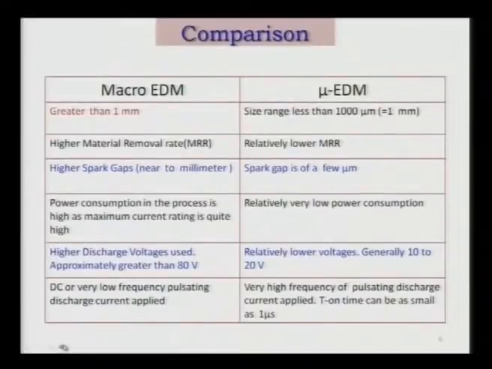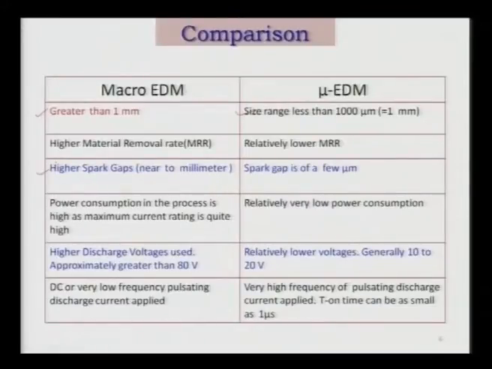As you can see, in macro EDM the size of the parts or the features that you are creating is bigger than 1 millimeter, while in case of electric discharge micro machining or micro EDM, the size is less than 1000 micrometer. In case of macro EDM, material removal is higher compared to the material removal rate in micro EDM.